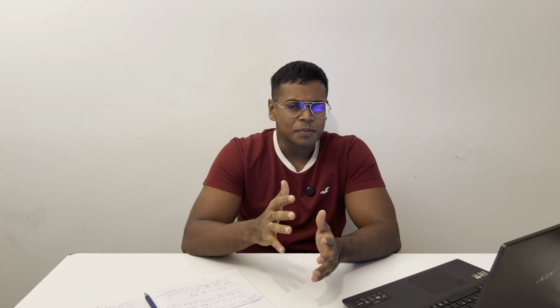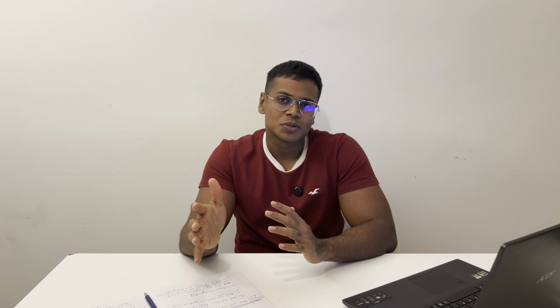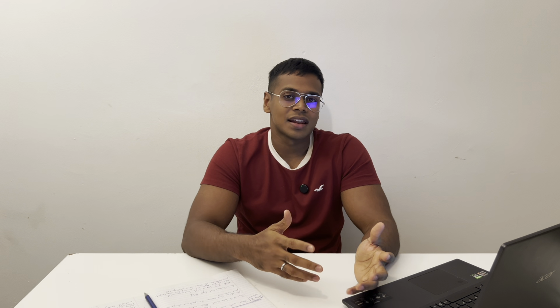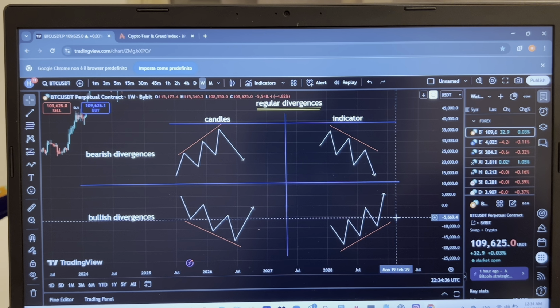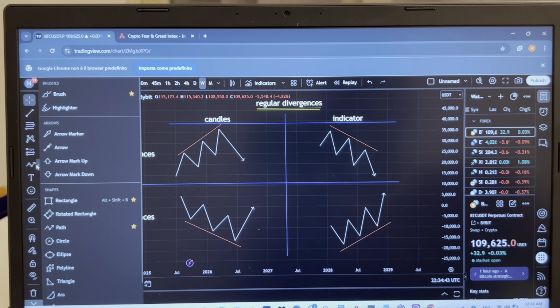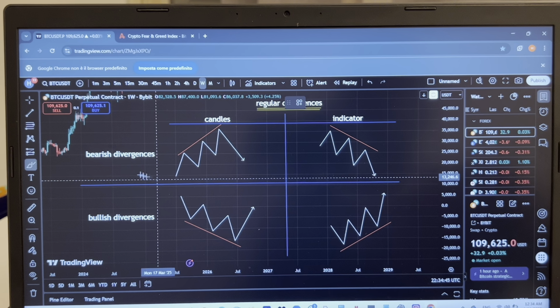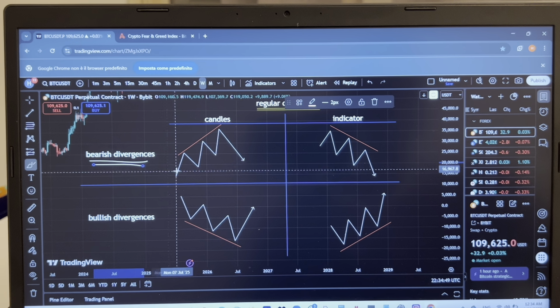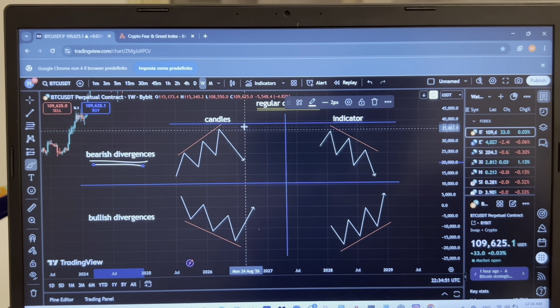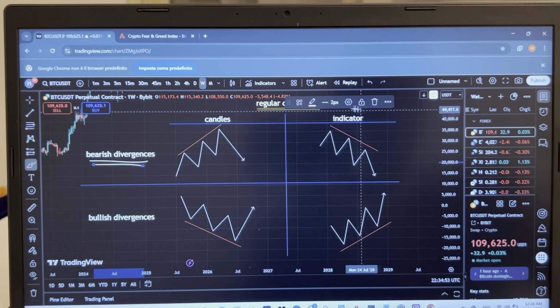So let me sketch it out so it's easier for you guys to understand. As I mentioned before, I have drawn a small sketch in order for you guys to understand. So this is a bearish divergence, where these are the candles and this is the indicator.